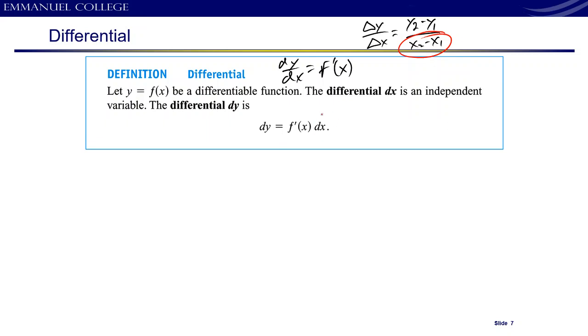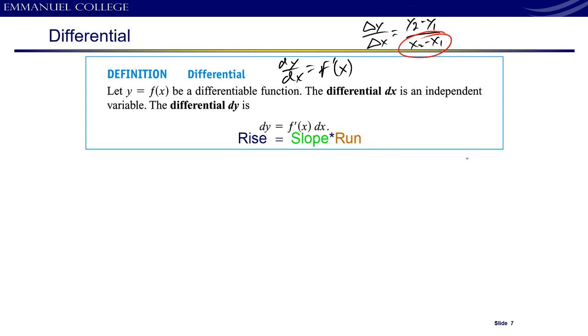Because that dx is telling me a change in x. So if you go from 3 to 4, that's an increase of 1, so your dx there is 1. If you go from 3 to 2, you decrease by 1, so negative 1 is the dx. So you have to be very specific and very careful in those cases.